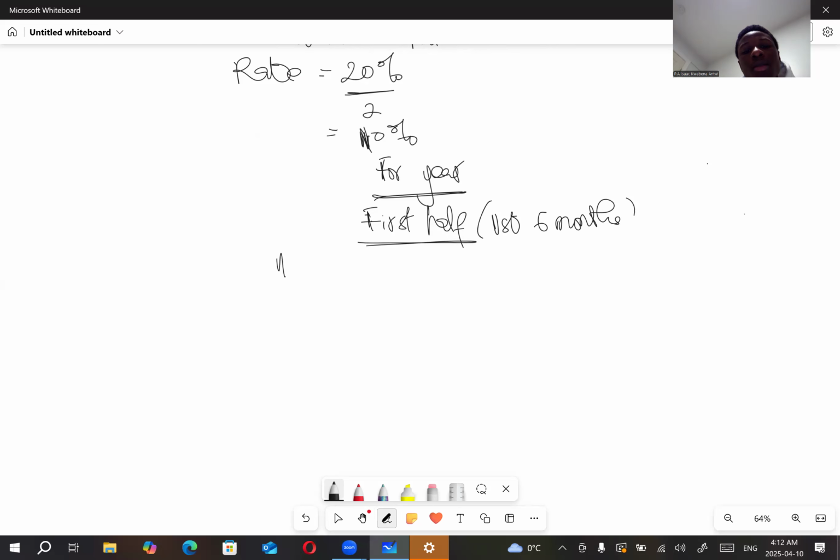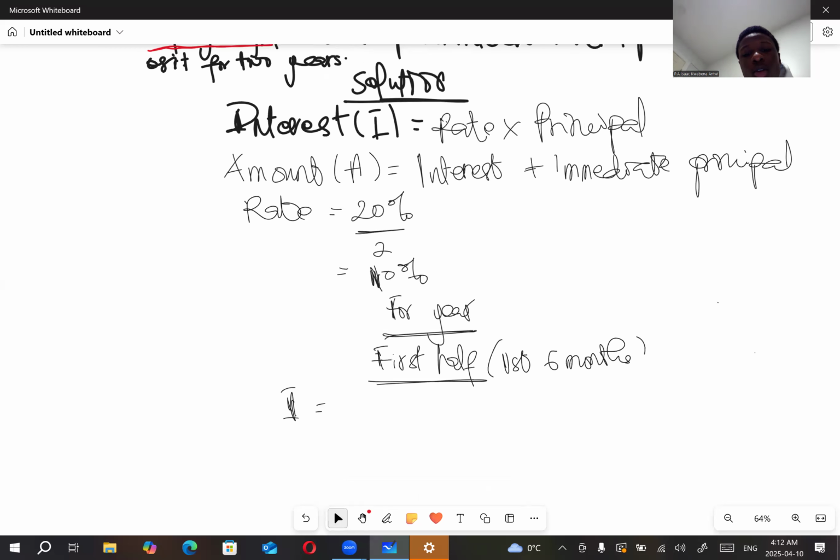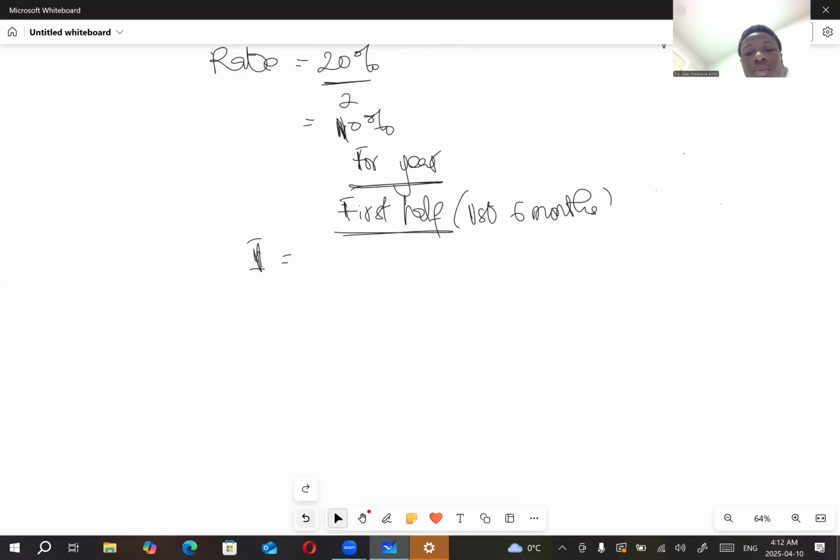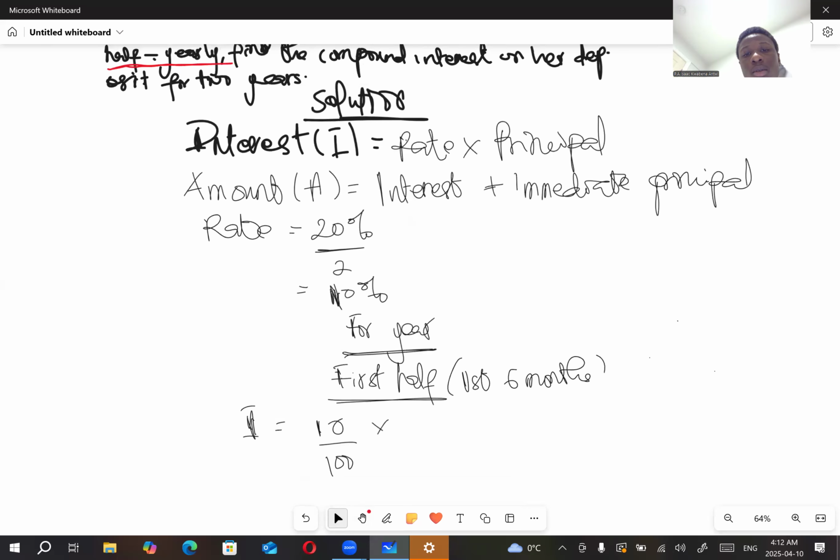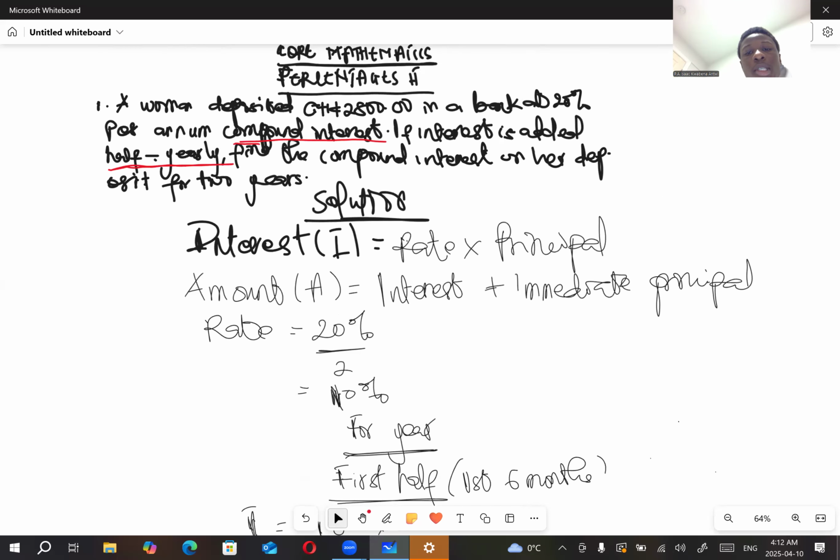So interest I will be equal to, because I've already written I at the introductory phase, I will represent interest. So interest I will be equal to rate. The rate we're using is 10 over 100. The principal, what's the principal?